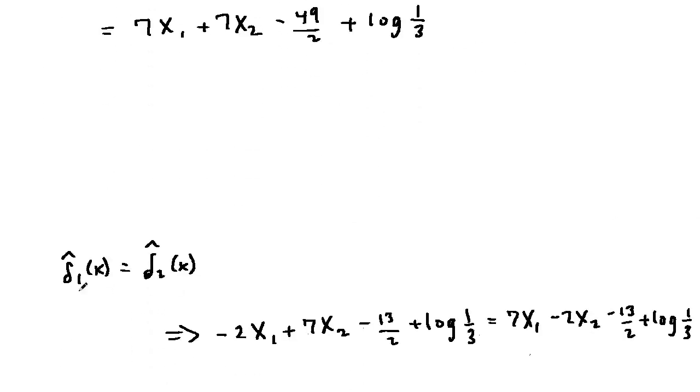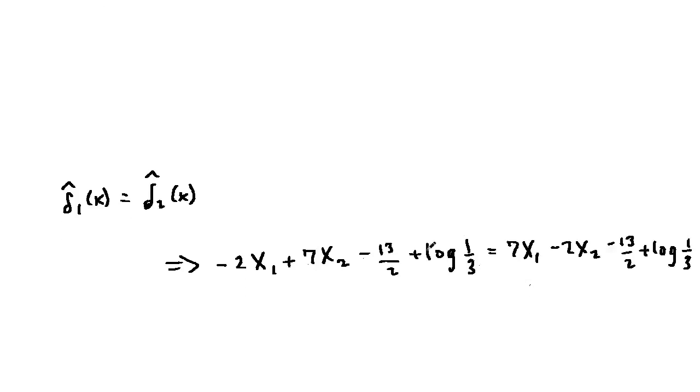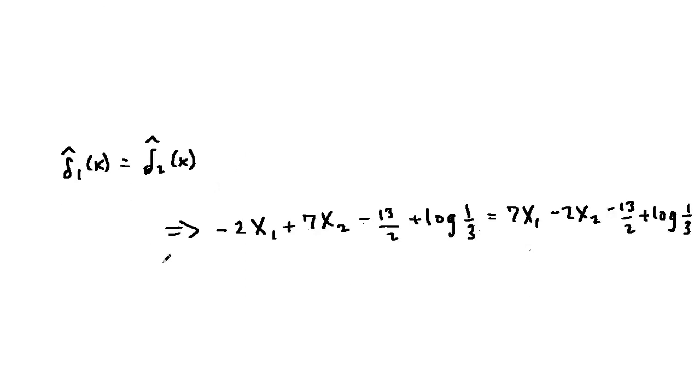Now setting delta 1 hat equal to delta 2 hat, we get this. So we get 13/2 and log of 1/3, and those cancel out.